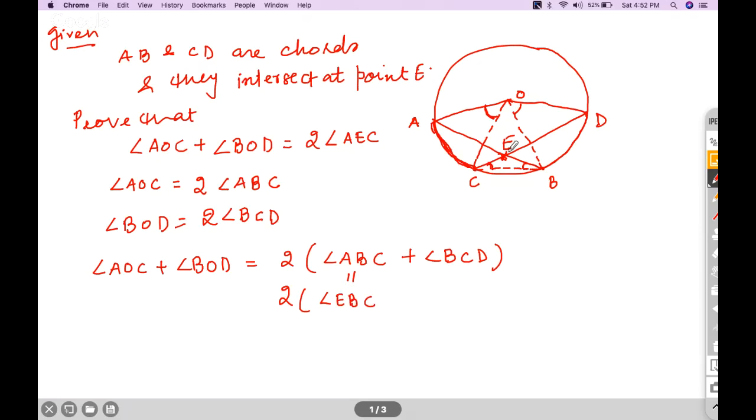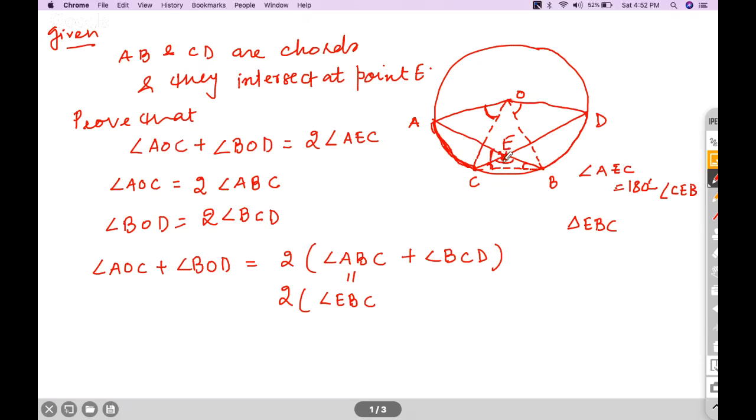I'm not doing anything. Instead of complete AB, I want to take help of triangle EBC. So why I want to take help of triangle EBC, because I have to find this angle. So if I find this angle CEB, angle AEC is equal to 180 degree minus angle CEB.